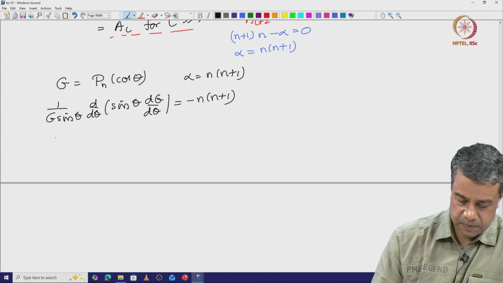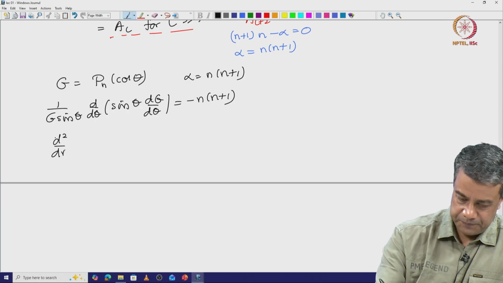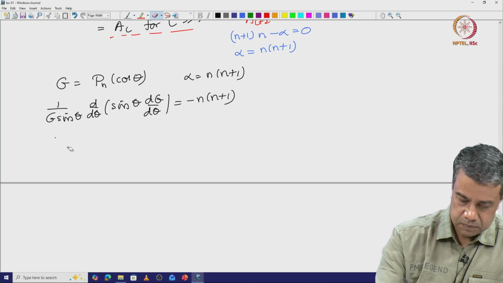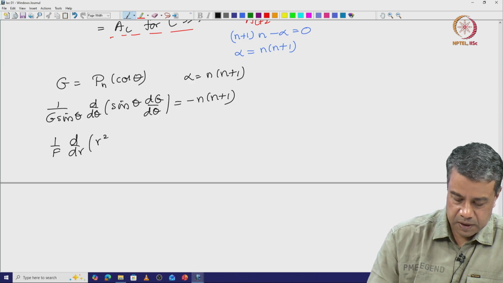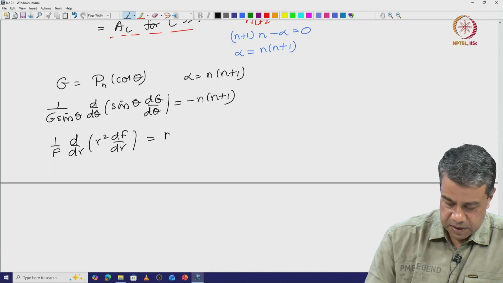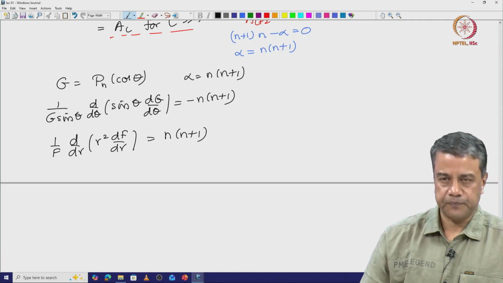So, now I have to solve for the other part, that is 1 by f d by dr of r square df by dr is equal to plus n into n plus 1.